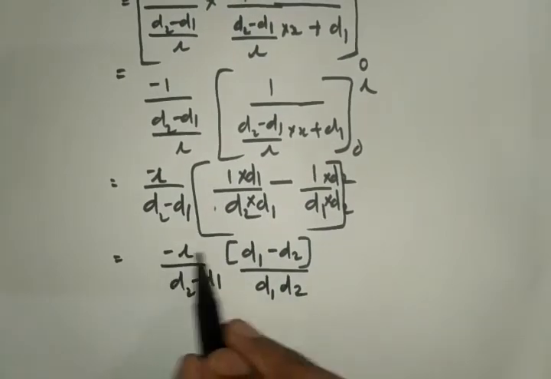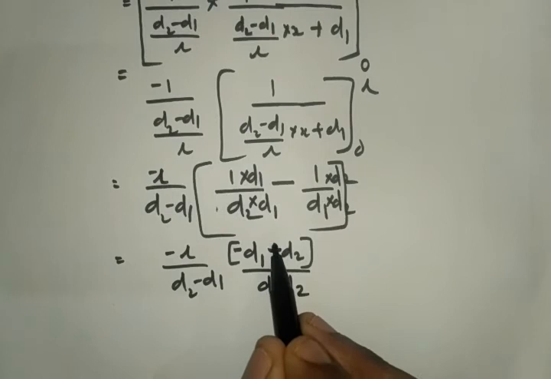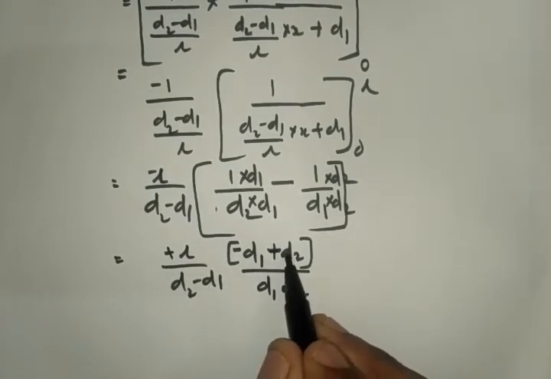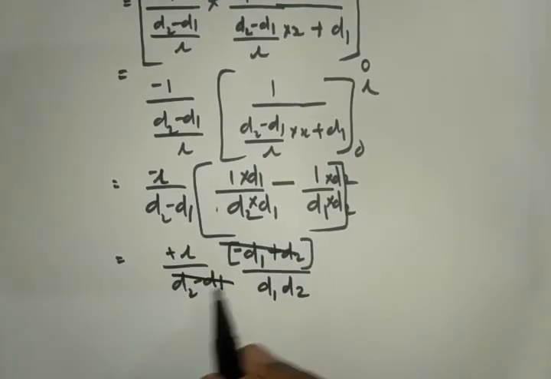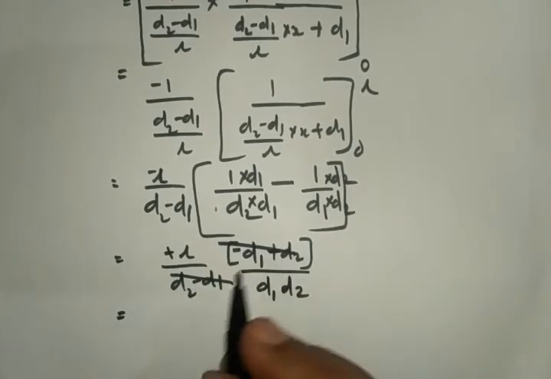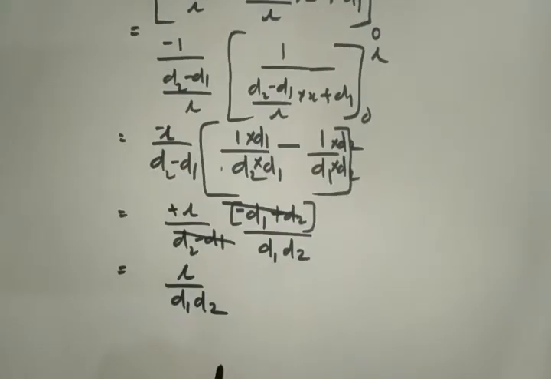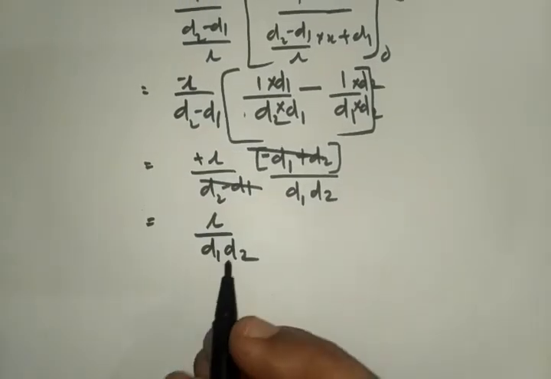So this minus will go inside, and this will become minus d1 plus d2. The d2 minus d1 is there in the numerator and also in the denominator, so these two terms will cancel out, and the remaining term will be l by d1 d2.